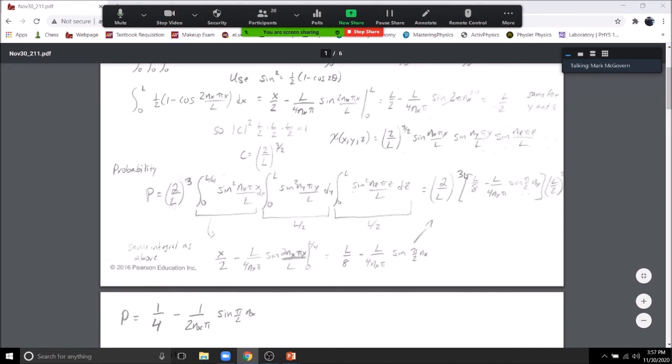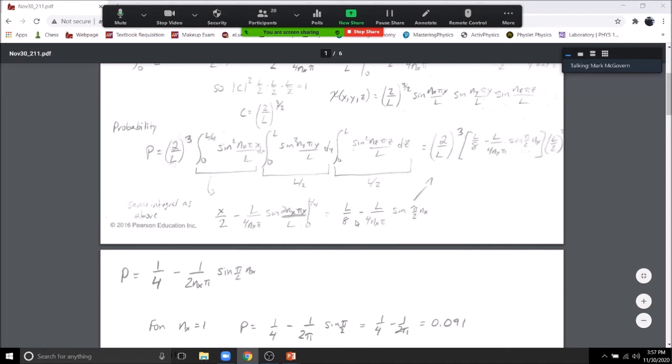That's why the over 2 is not there anymore. We got 2 factors of L over 2 here. And then here, I just plugged in L over 4. So we get L over 8 here, and then this is minus L over nx pi. And over here, it's going to look a little different, obviously. It's going to be L over 4 here. So I get a pi over 2 nx. And this then simplifies a lot, actually.